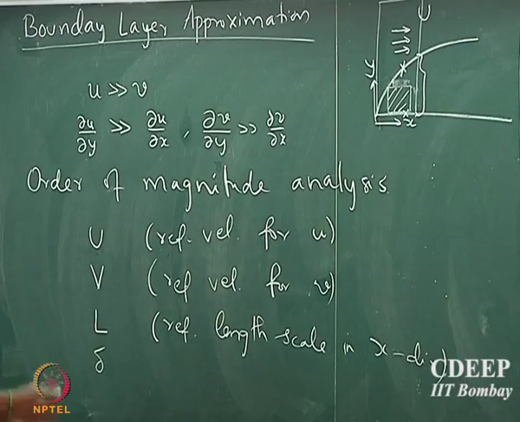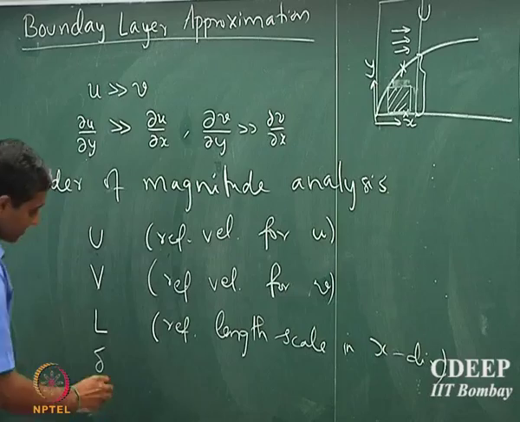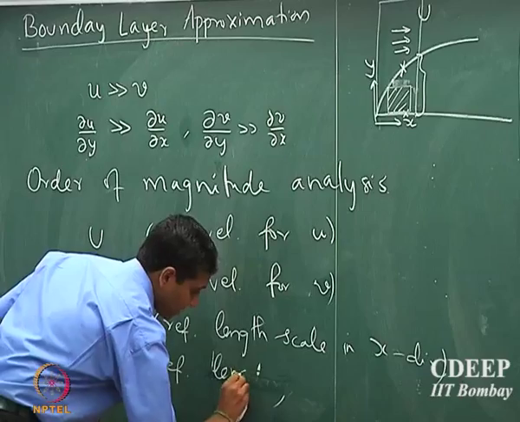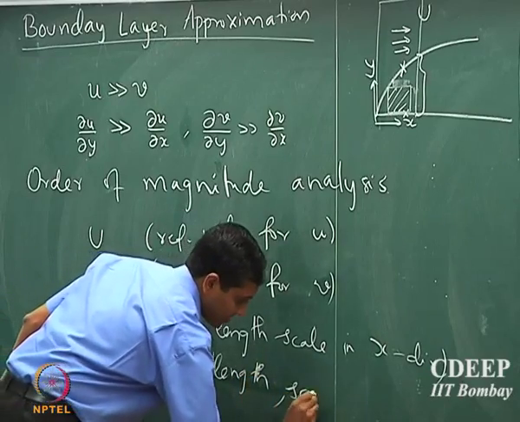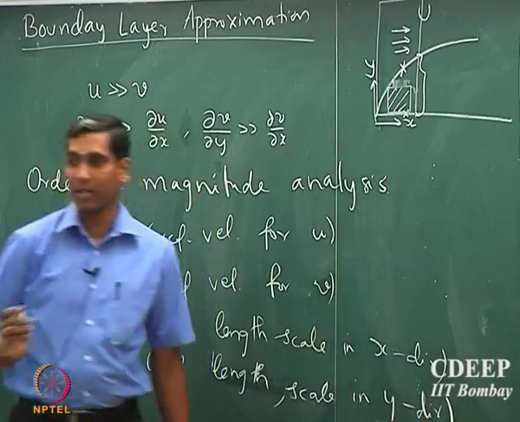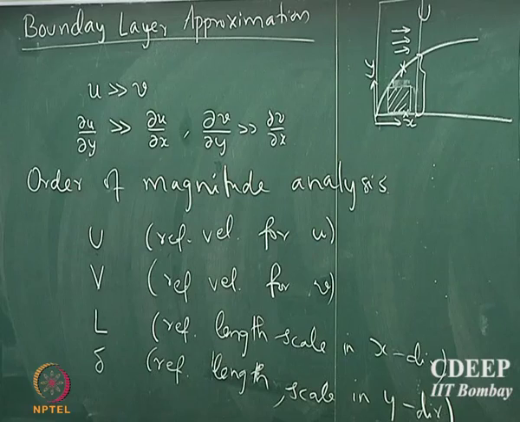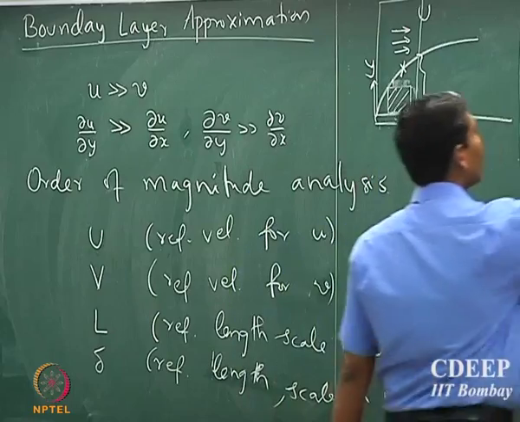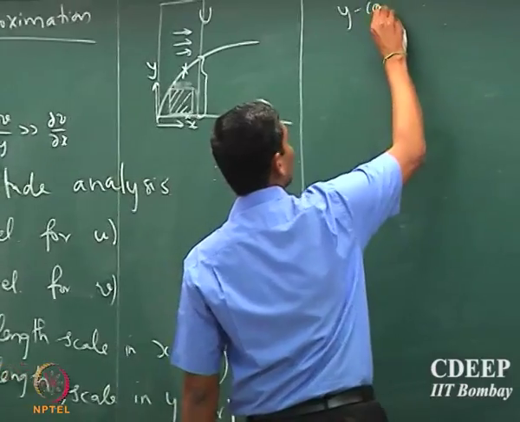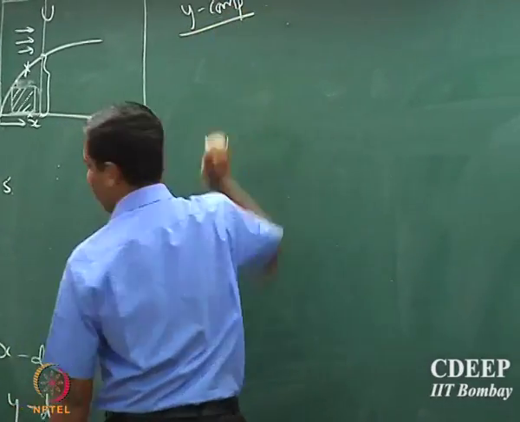Okay. So anyway, if delta is the reference length scale in the y direction, now if you look at the y component momentum balance, we'll come to the x component in a short while.